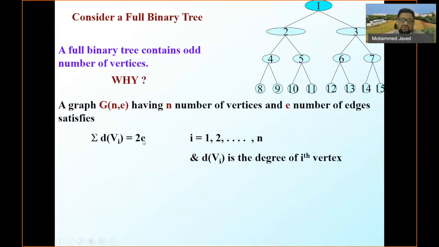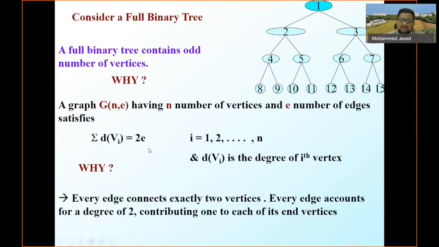So the number of edges multiplied by 2, where i varies from 1 to n, the number of vertices, and d of vi is the degree of the ith vertex.